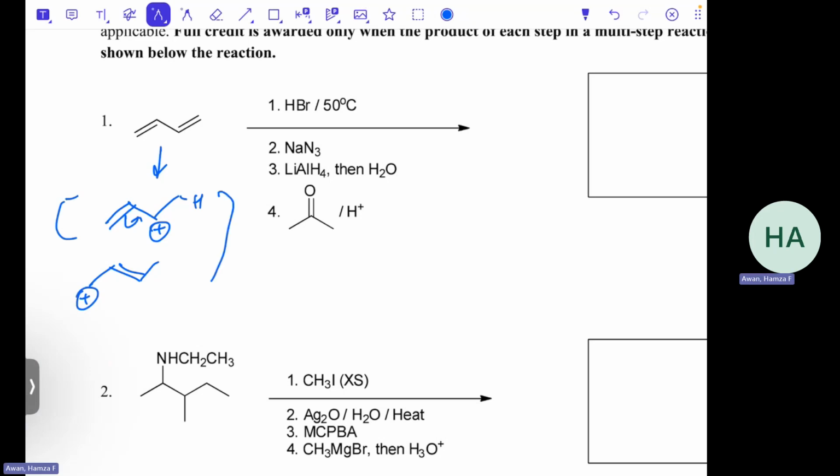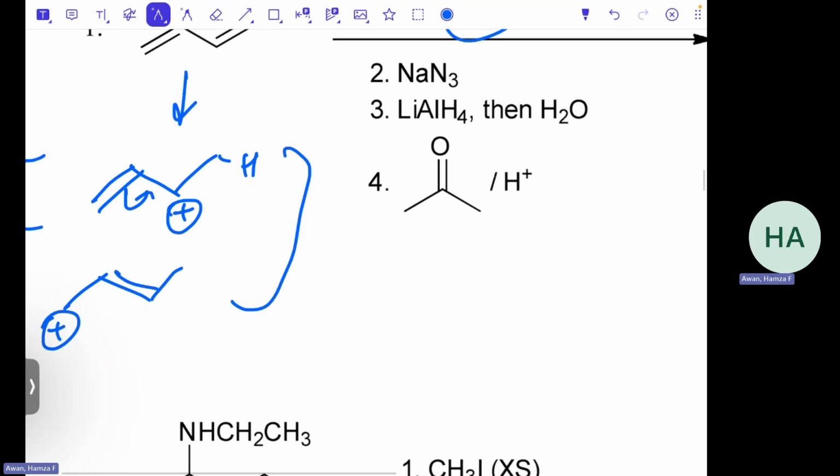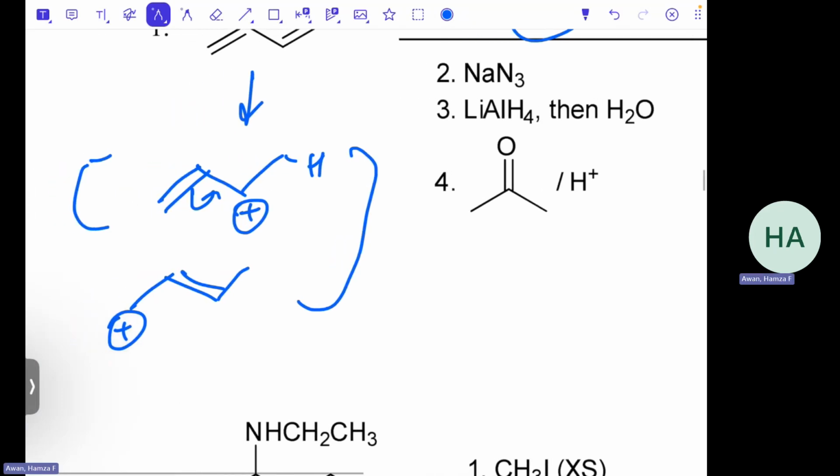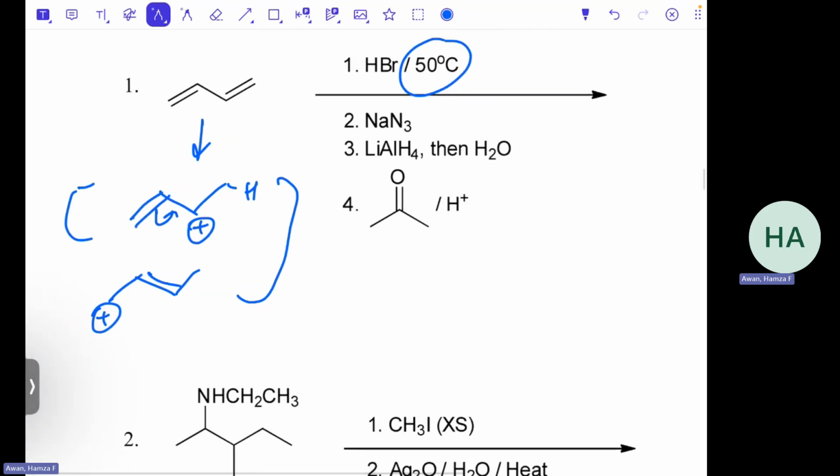So whenever we have this, we need to take into account the temperature. And so for temperature, we know that temperature is going to cause the most stable alkene to always form. So because of that, we want the alkene with the most substituents. So the alkene with the most substituents, if we count, the first one, the top, is going to have only one substituent on the alkene, and the second one has two substituents. So that means that is going to be the one where the bromine is going to attach.